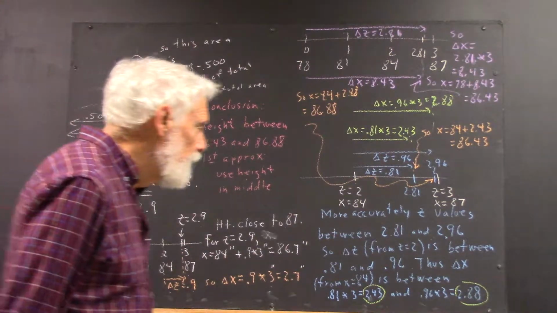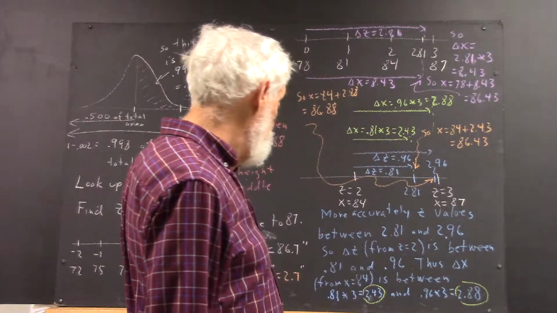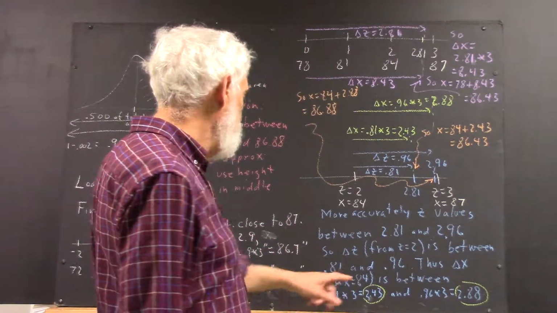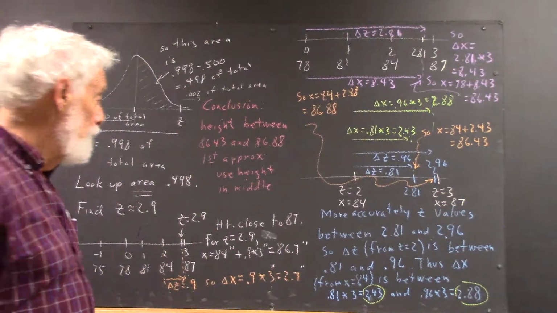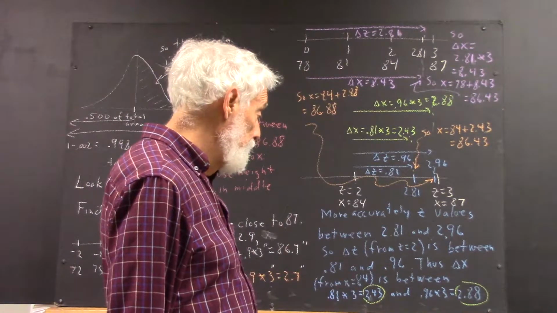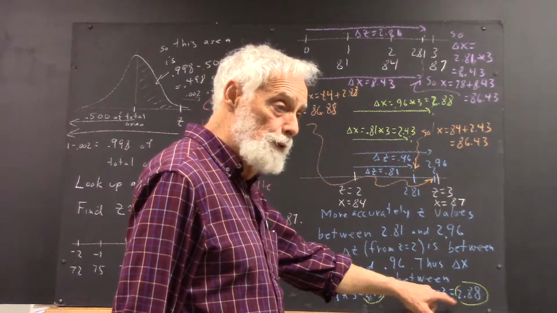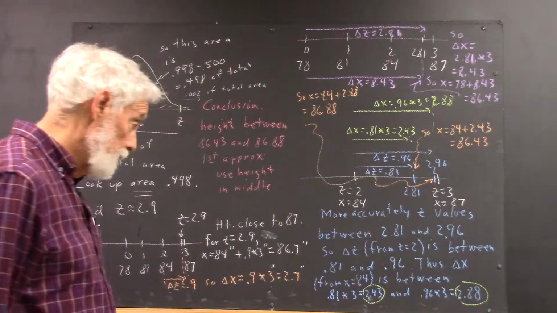Okay? Well, it follows then that our change in x from x equals 84, which corresponds to z equals 2, has to be between 0.81 times 3, which is 2.43, and 0.96 times 3, which is 2.88, if I've done my arithmetic correctly, so check me on that.